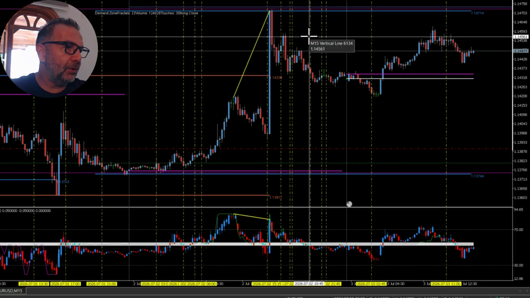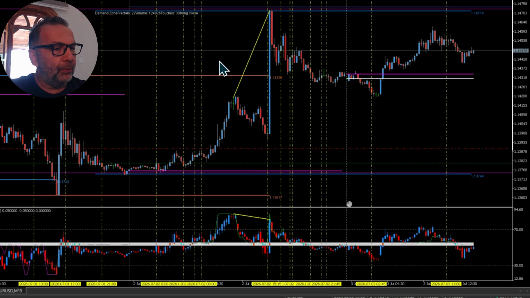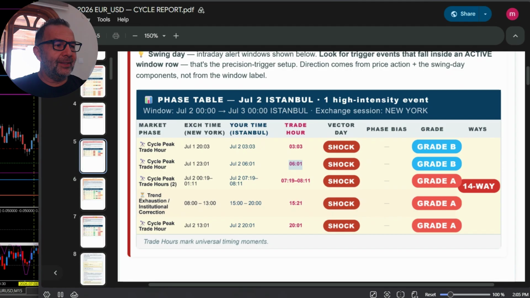All right, so that's your cycle peak here. But you can see this is a beautiful push to the upside. So understanding that we've got certain hours happening and they're graded is very important, simply because we have to afterwards trade accordingly to those grades.